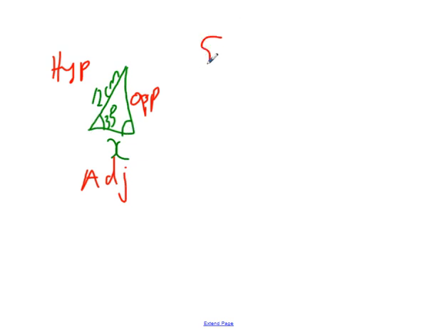Now, if I write my SOHCAHTOA again, as in SOH, CAH, and TOA, you can clearly see that the bit that has the adjacent and the hypotenuse is this CAH here. So I'm going to write cos, the full spelling is cosine.